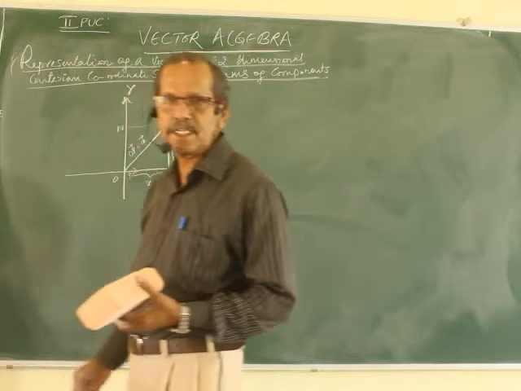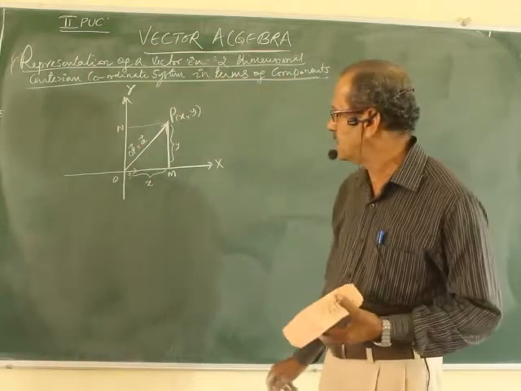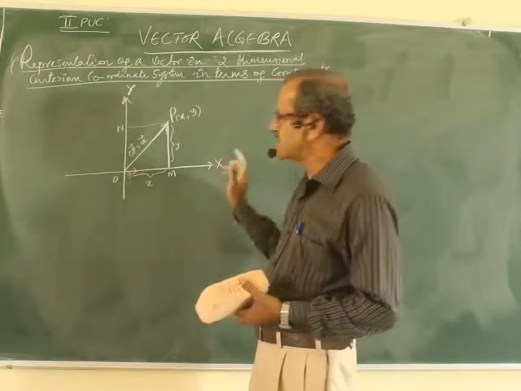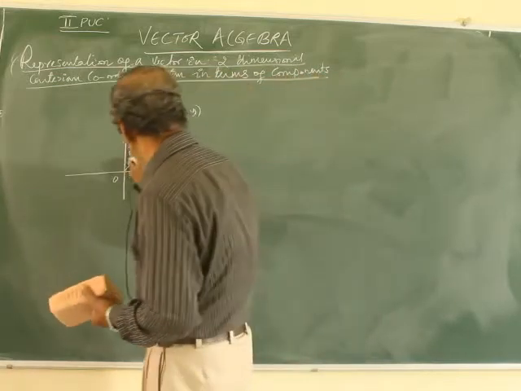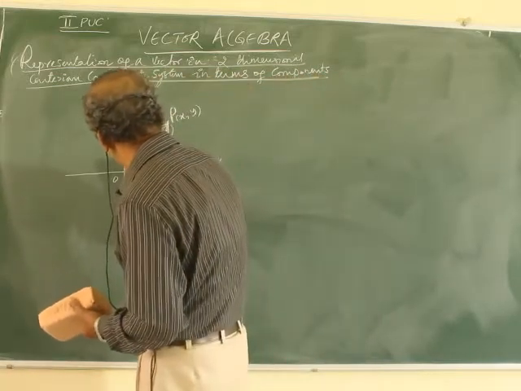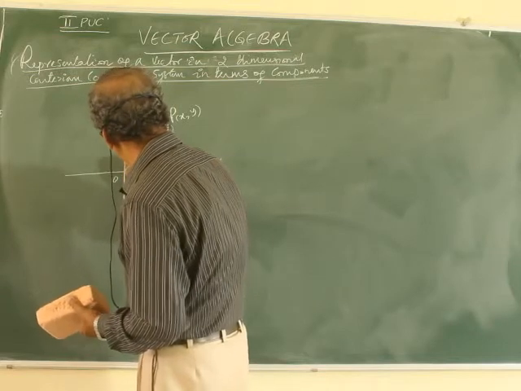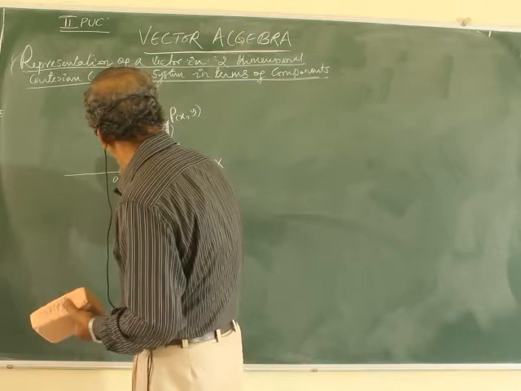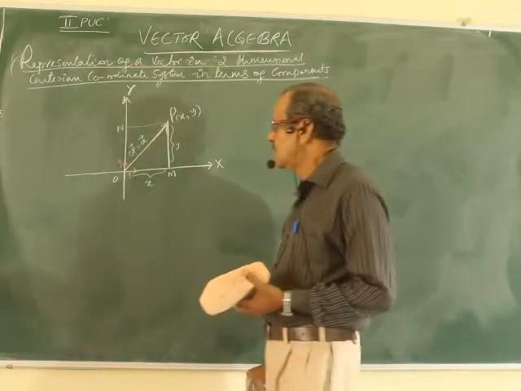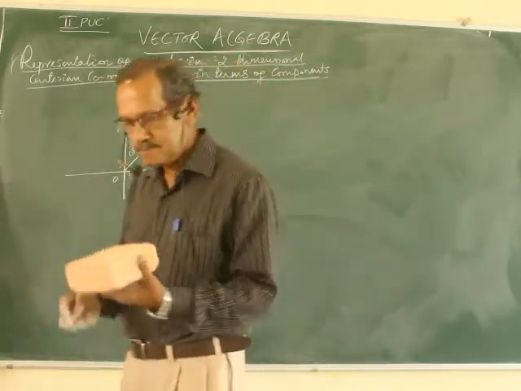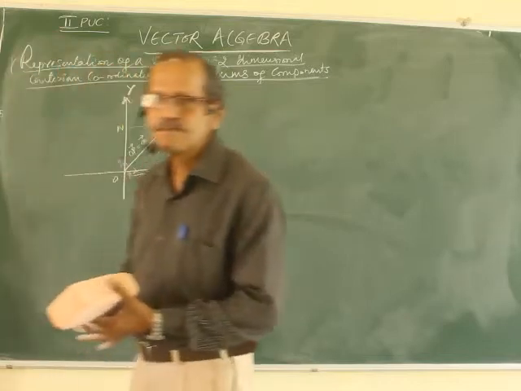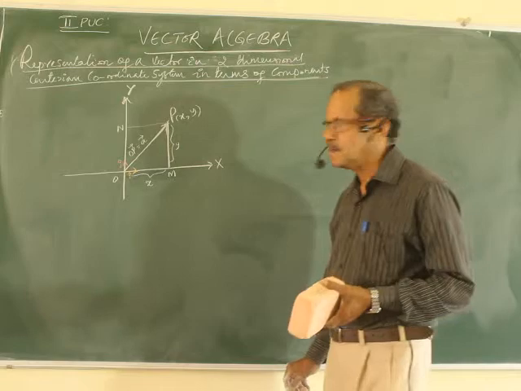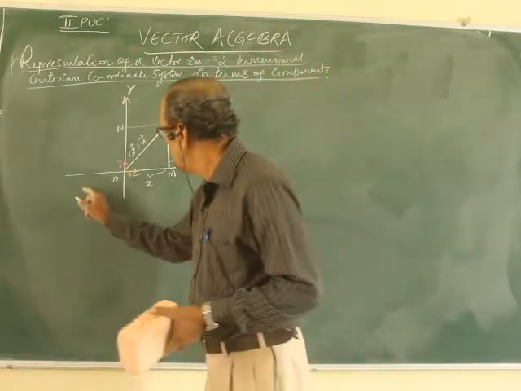Cap notation always represents the unit vector, length 1. So I cap is the unit vector along the x-axis direction, and j cap is the unit vector along the y-axis. J cap.